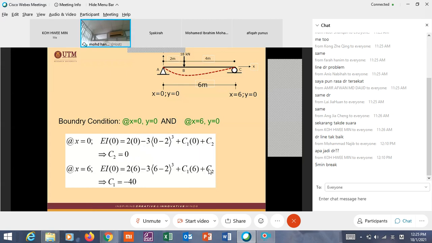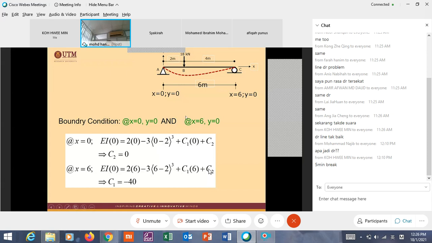Okay. Is it easier or difficult? Easier, is it? Whenever it is negative, neglect. Why do we neglect? Because at x equal to 0, this term is not applicable.